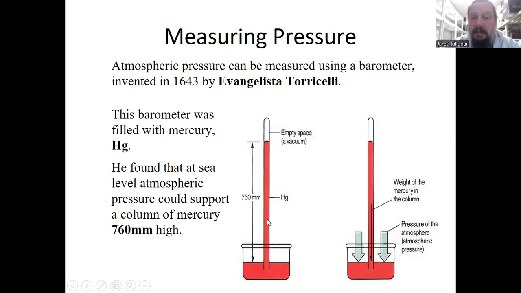So that's where they have the term millimeters of mercury. Standard pressure is 760 millimeters of mercury, meaning the atmosphere pushing down the air on top of us is enough to support that mercury 760 millimeters, that weight of that mercury. It is literally the height of mercury that can be supported in a column by the air.